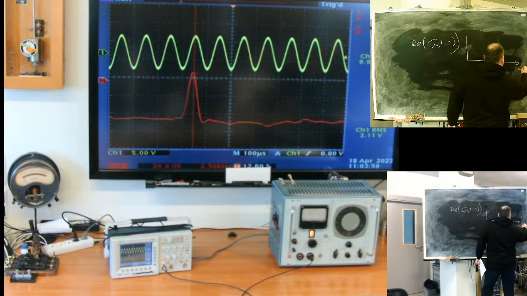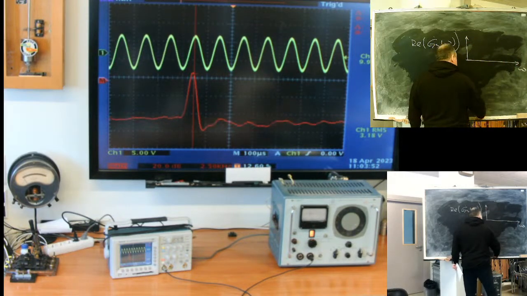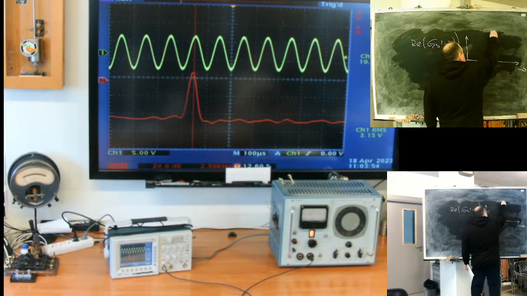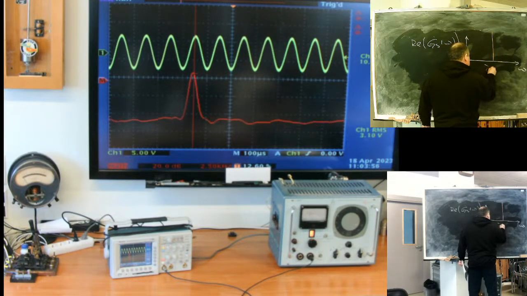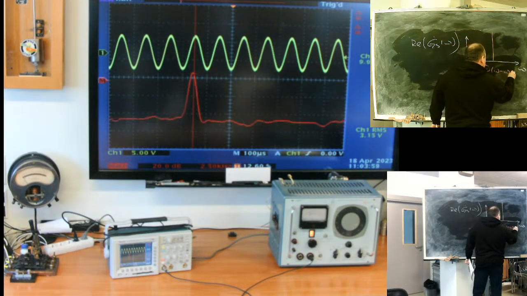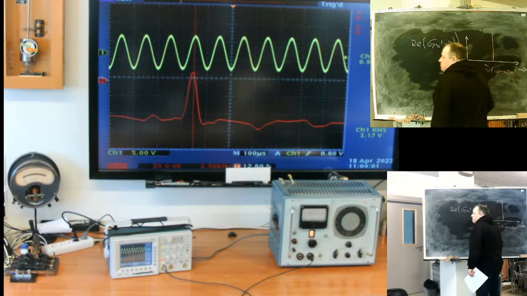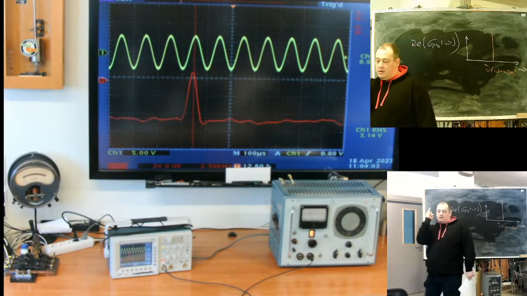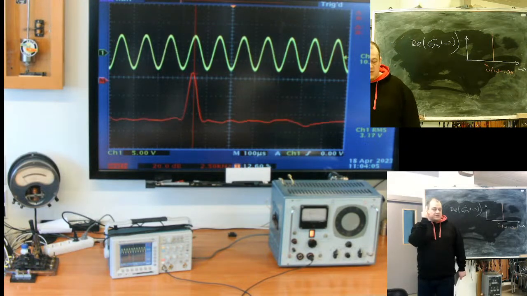I should get a delta function, omega minus omega 0, meaning ideal, like a needle. One spectral line.